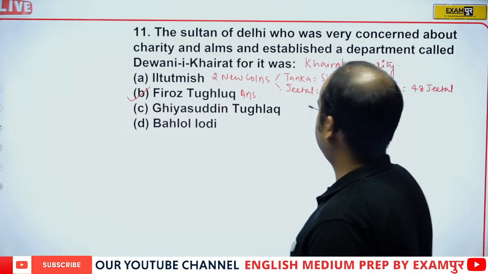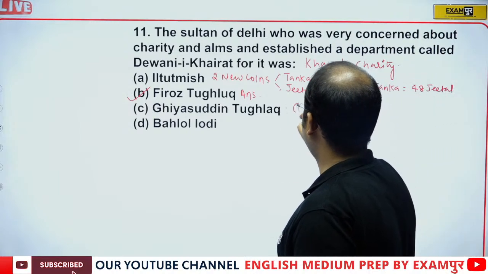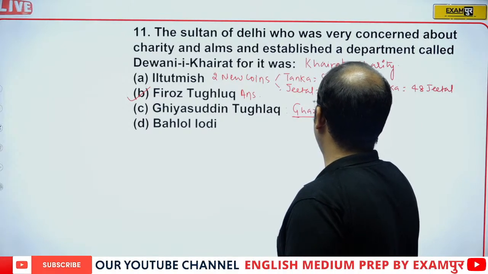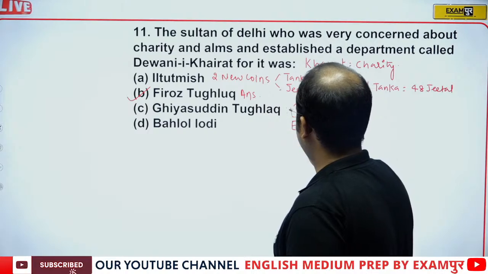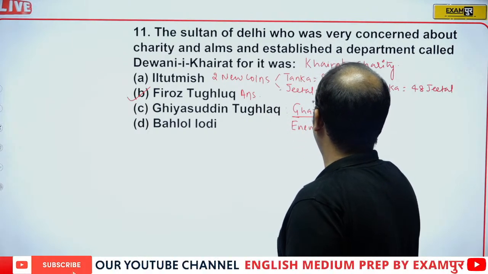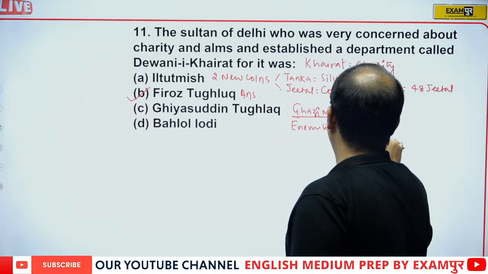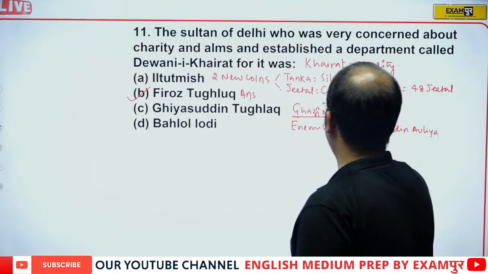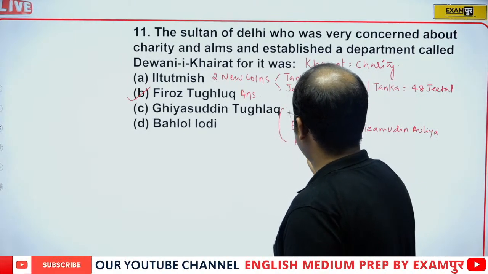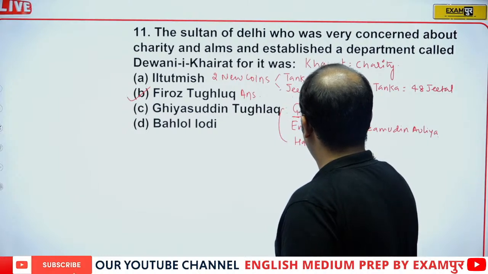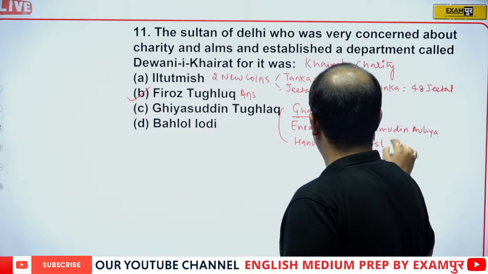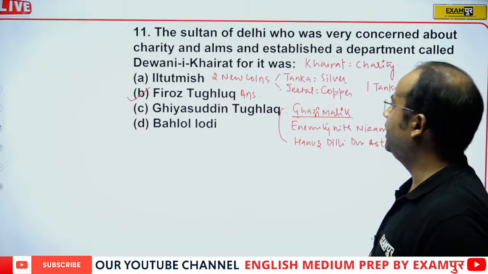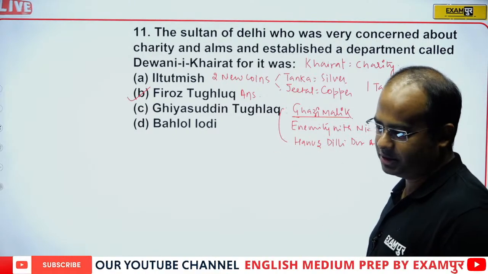Then Ghayasuddin Tughlaq, also called Ghazi Malik, was famous for his enmity with Nizamuddin Aulia, and for him Nizamuddin Aulia said, Hanuz Delhi Dur Ast.